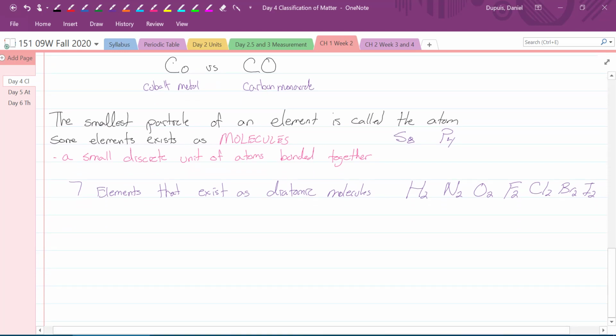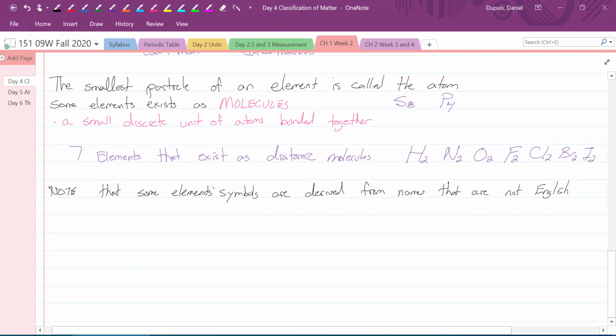Okay. Now, I want you to note that some element symbols are derived from names that are not English.